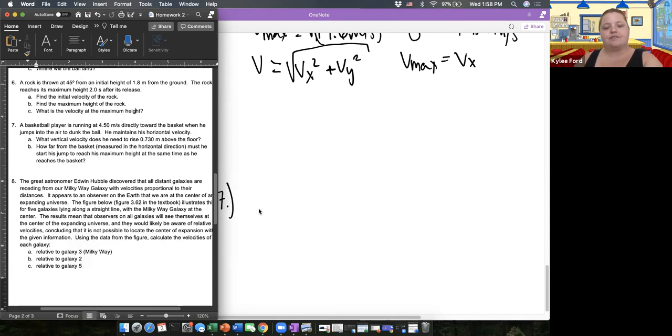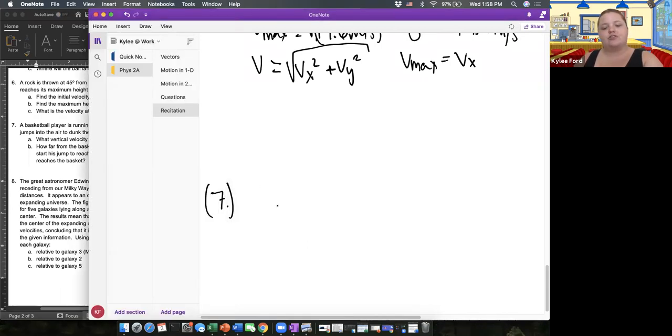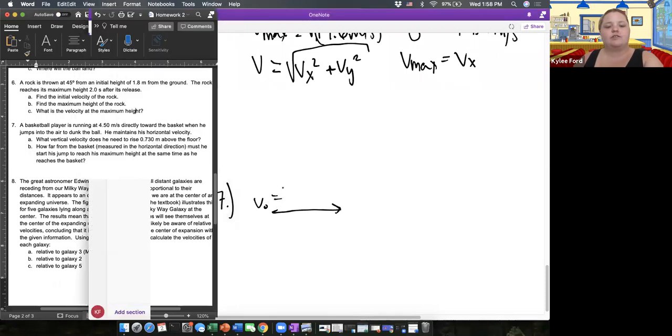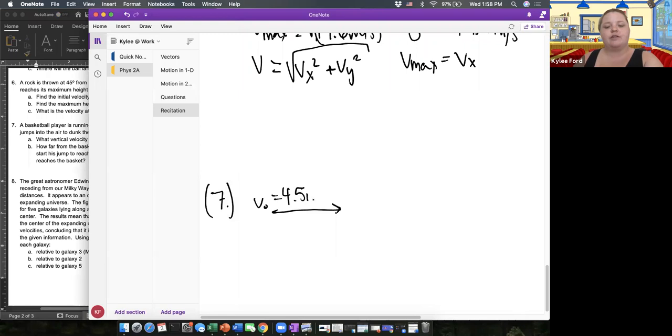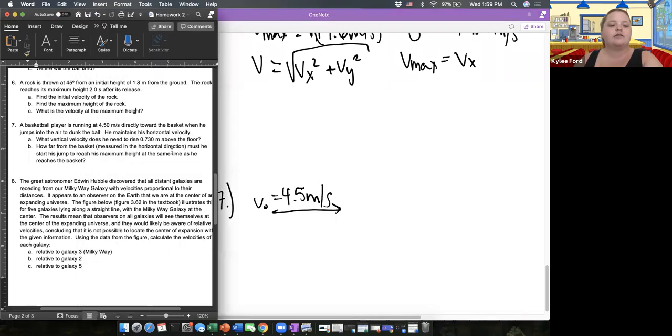Okay, so I'm gonna draw it right here. Basketball player running in this direction, it's just horizontal. Our V naught is 4.5 meters per second. And my first question is, what vertical velocity does he need?